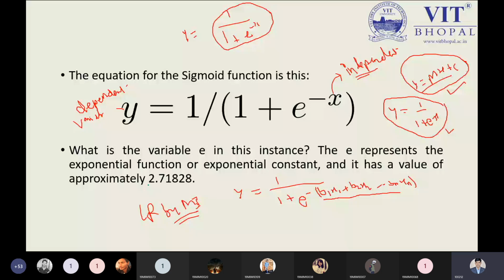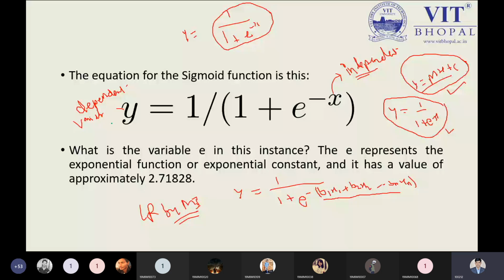And x is our independent variable, the one variable we have. So this equation is sufficient when we have one independent variable and one dependent variable. But the point you need to keep in mind, in regression or any classification approach, is that there would be only one dependent variable, but the independent variables can be many.